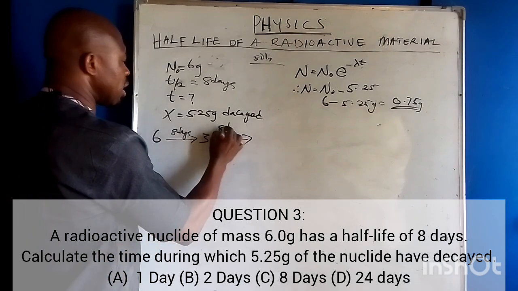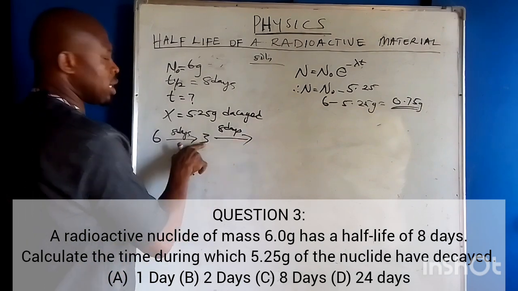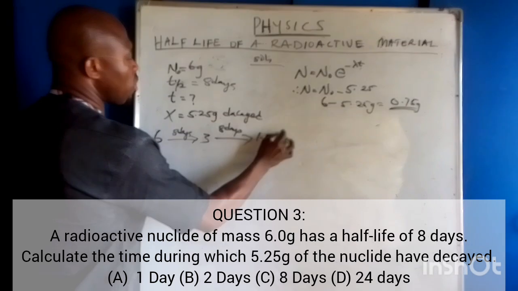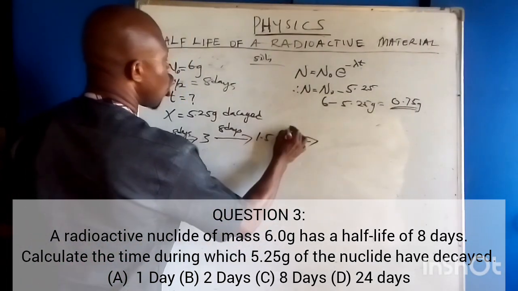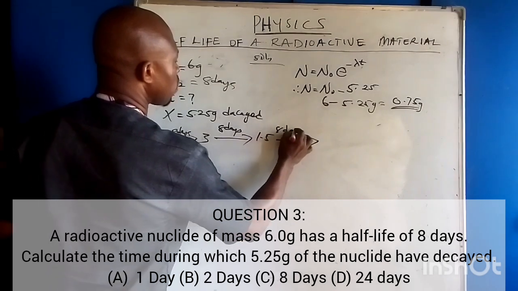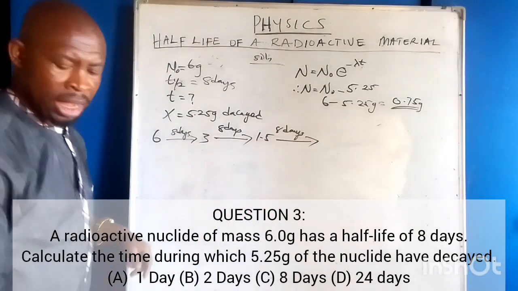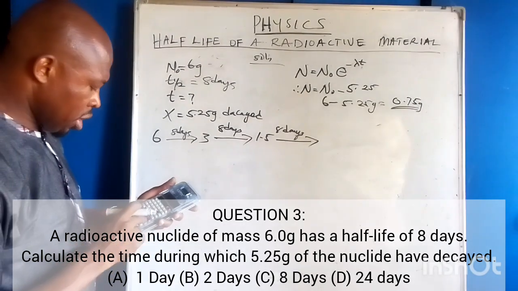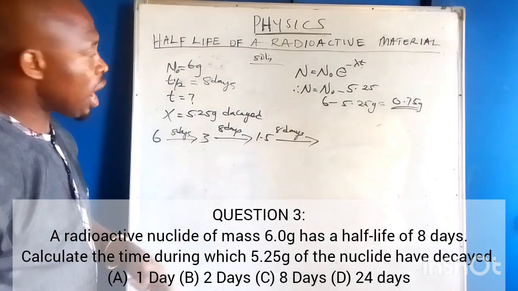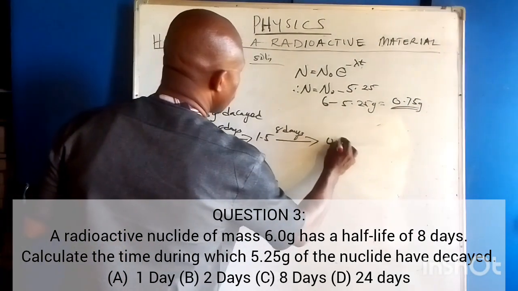After 8 days again, this 3 will reduce to half, which is 1.5. After another 8 days, 1.5 divided by 2 will remain, 0.75.